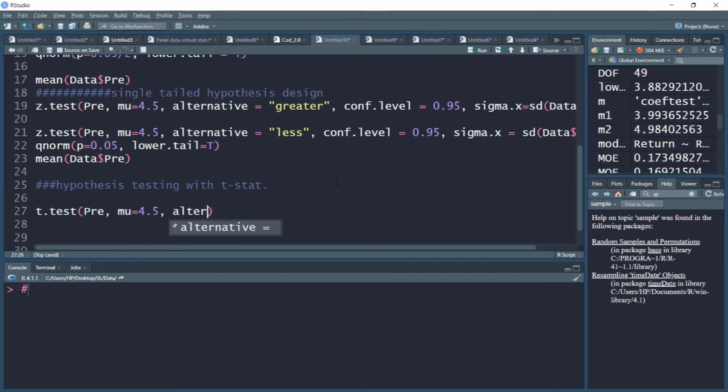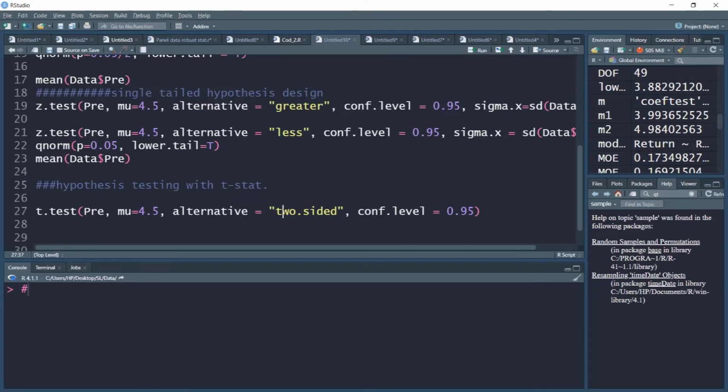We'll provide the alternative, which is two-sided. That means we are conducting a two-tailed test. We'll provide the confidence level as 0.95. That means significance level of 5%. Also, please notice we have not provided any argument regarding the standard deviation of population, because assumption here is that standard deviation of population is not known to us.